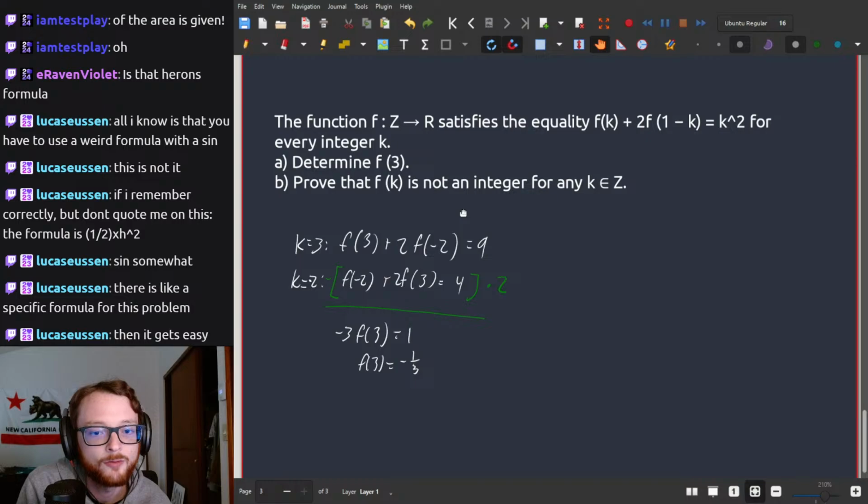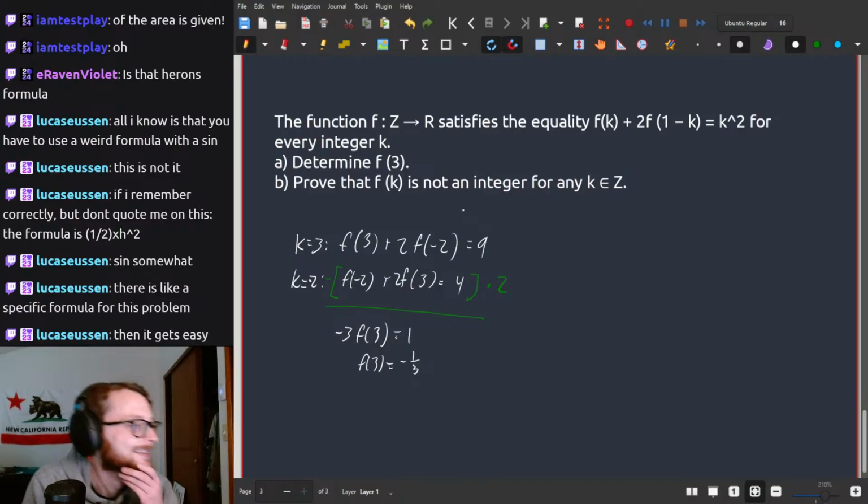Prove f of k is not an integer for any k in Z. That seems a lot harder. Well, can we repeat the procedure with the generic variable?